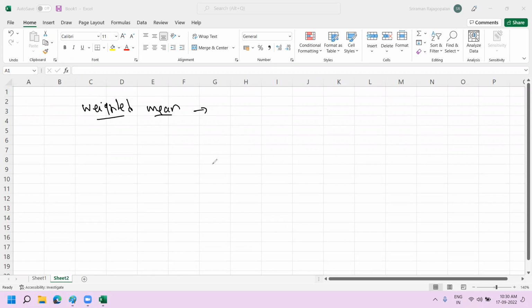In a regular arithmetic mean, equal weightage is given to all the values. Whereas in a weighted mean, for that particular value, I give a certain percentage. Just to give a very simple example, if I have, let's say 5 subjects, and I have to calculate what is my average score.